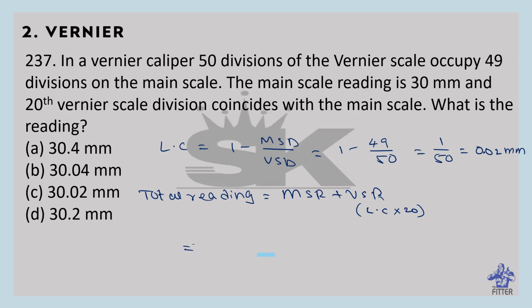The main scale reading given is 30. So 30 plus least count 0.02 times 20, which equals 30.40. Okay, 30.40 mm. So it is option A, 30.4.